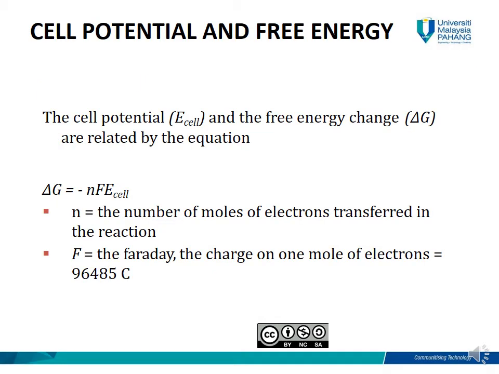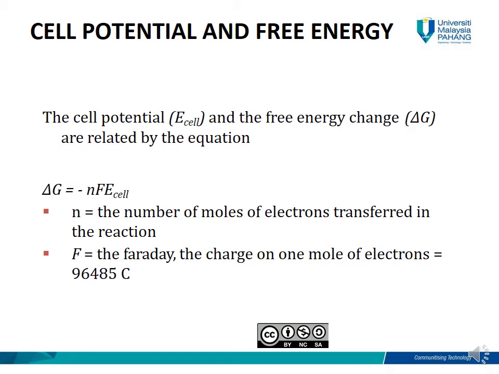Okay, now let's look at the cell potential and free energy. So basically the concept of cell potential, when it comes to the explanation at the molecular level, you need to understand that we need to relate it with the free energy, the free energy change in the solution. From the equation of free energy change, we can see delta G is the free energy change.